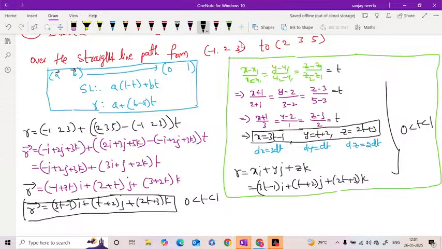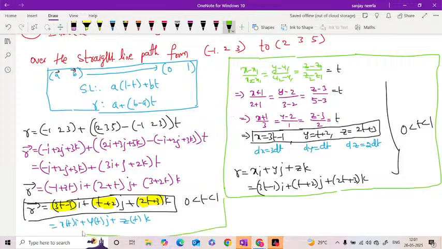So this is our x, this is y, and this is z. This is x of t, this is y of t, and this is z of t. That means you have two options. You can calculate our position vector by using the first formula, converting to the parametric form, or by using the second formula. That is your choice.